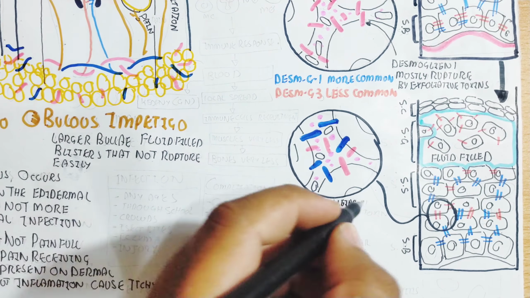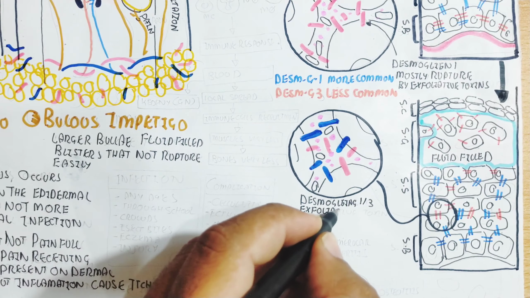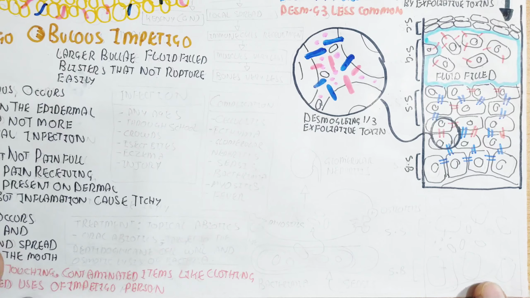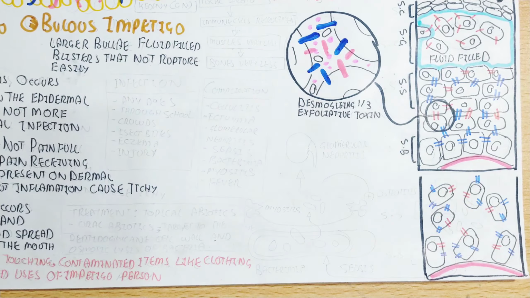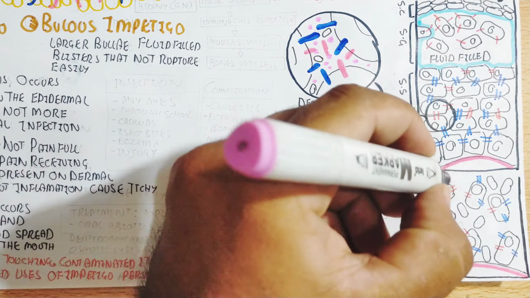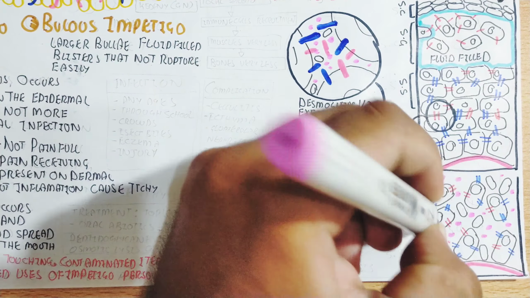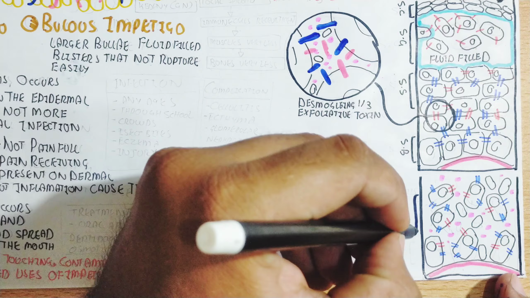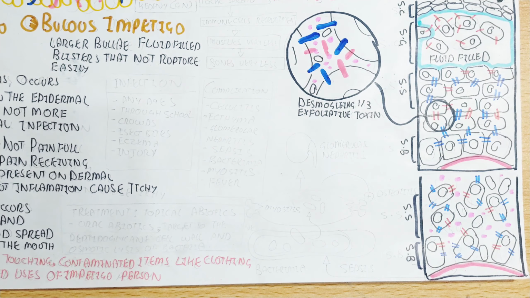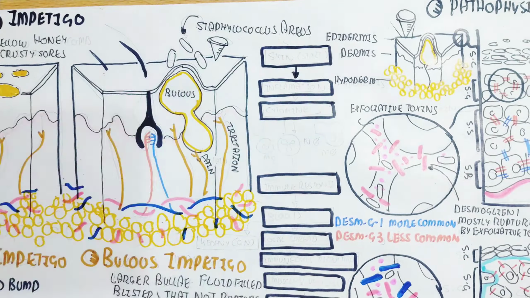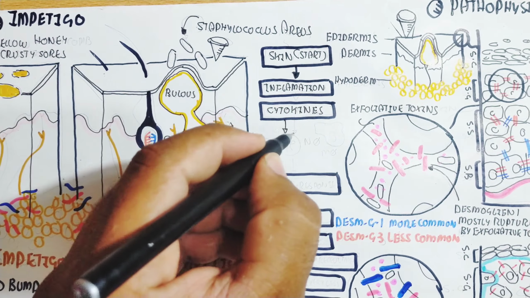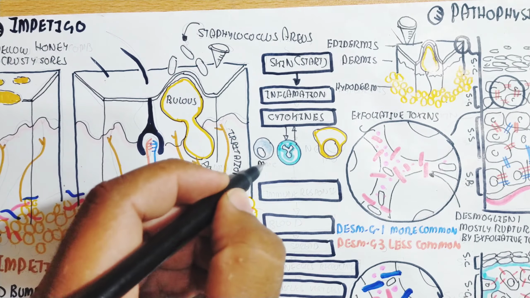The stratum basale and stratum spinosum contain both types of desmosome, desmoglein 1 and 3, and it will rupture due to both types of bacteria, Staphylococcus aureus and Streptococcus pyogenes, leading to more rupture, invasion of more pathogen and more exfoliative toxin. Ultimately, the inflammation will increase to recruit neutrophils.